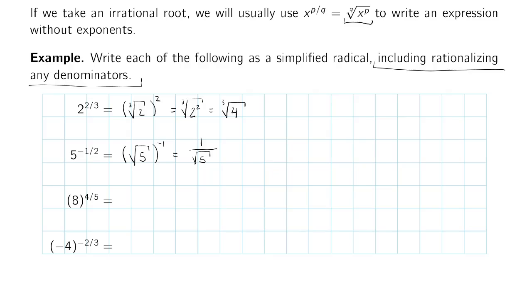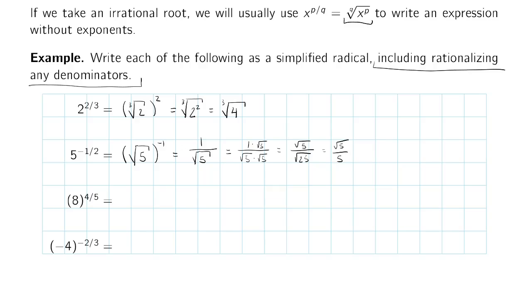So I think I'm going to have 1 over the square root of 5, multiply my denominator and my numerator both by the square root of 5. And I'll have square root of 5 over square root 25, which is the square root of 5 over 5.